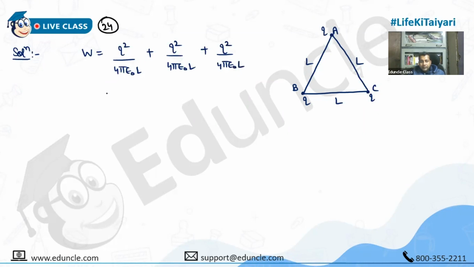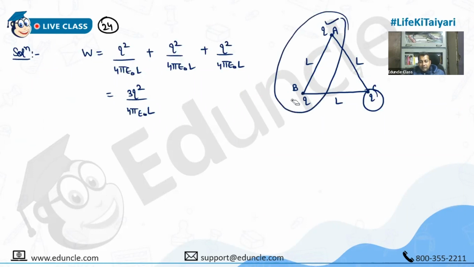Please check. Suppose initially these charges are not there. So when you are bringing this first charge, no work is being done. And when this charge was present and you are bringing this one, then the electrostatic energy of these two will be this one.